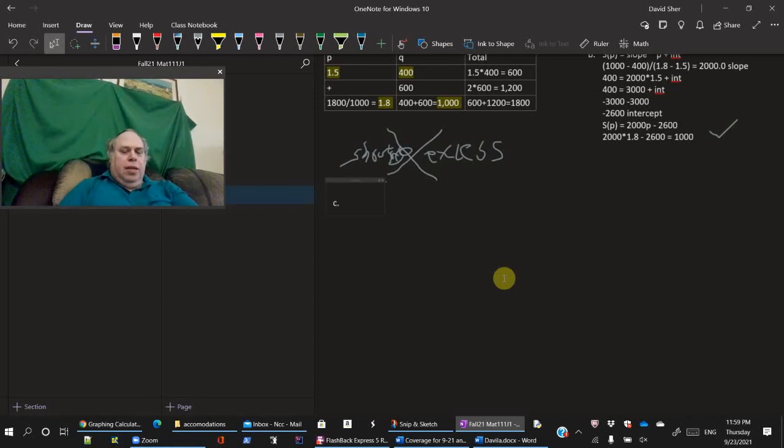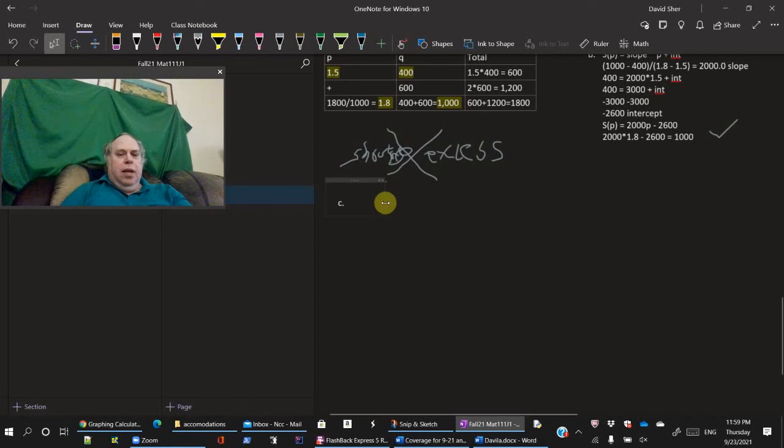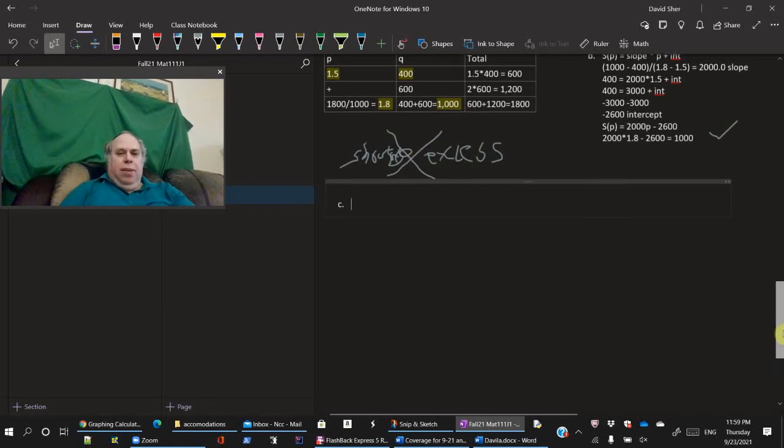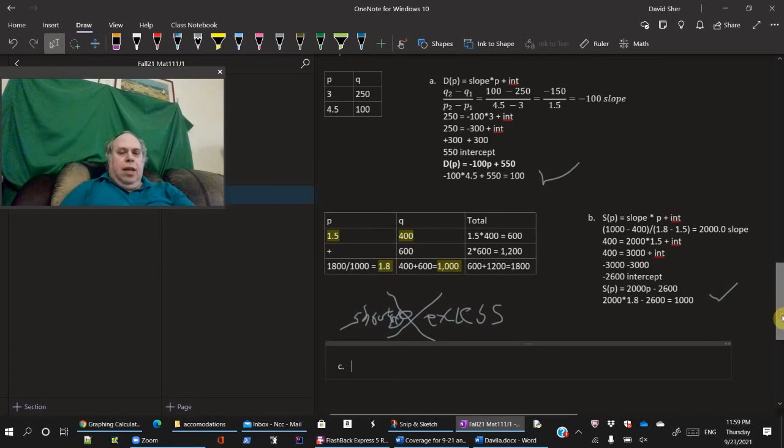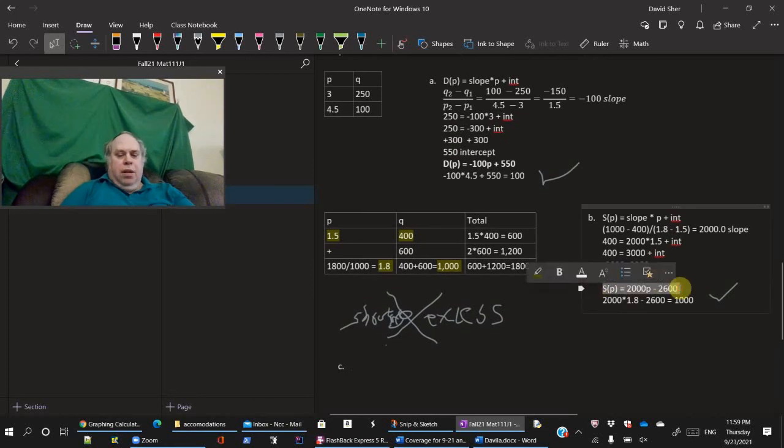Okay, so this is part C. We get the equilibrium price, and then we'll do part D, the equilibrium quantity. What we do is solve for the intersection just like we did in the previous problem. We set the two formulas equal to each other. I'm going to take my demand formula and my supply formula and set them equal.